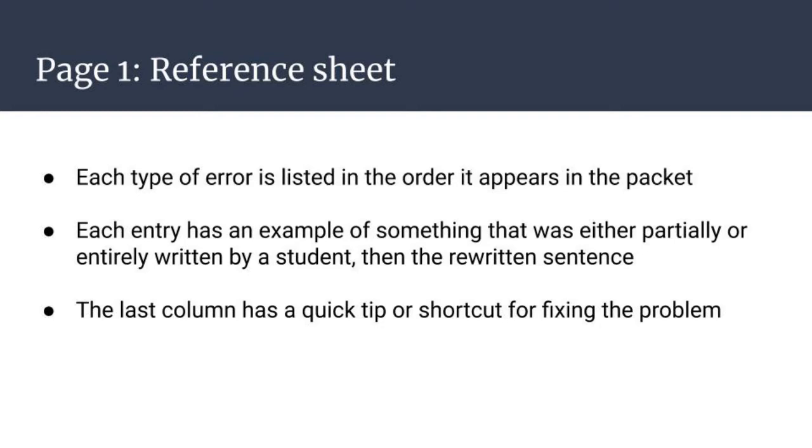The last column has a quick tip or a shortcut for fixing the problem, so that's something that you can remember and think about in the future as you're editing your own papers. This reference sheet is actually how this project started out before I decided I wanted to do this entire booklet.